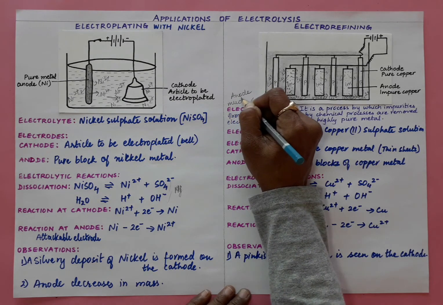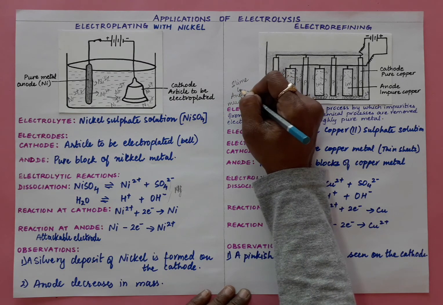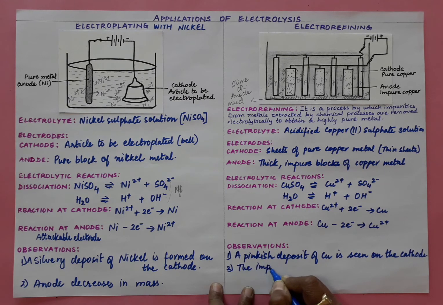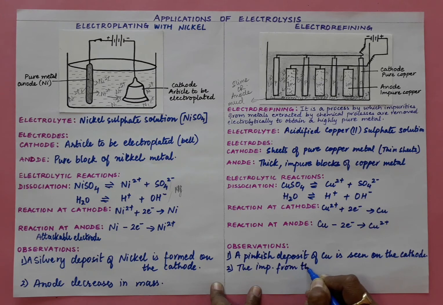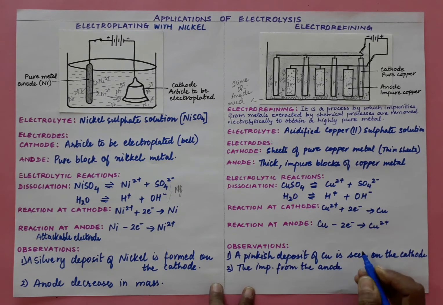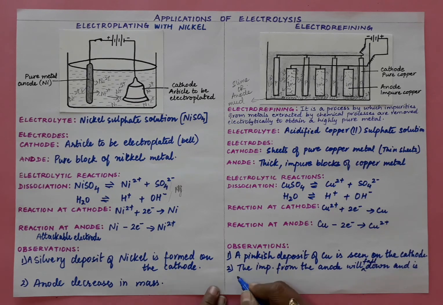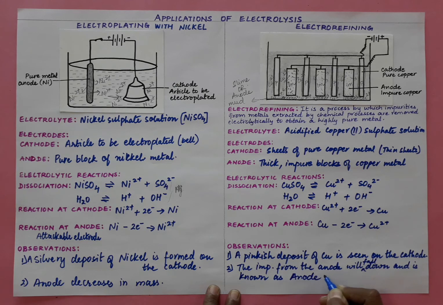So we will see that anode mud is formed at the bottom: the impurities from the anode will fall down and are known as anode mud or slime.